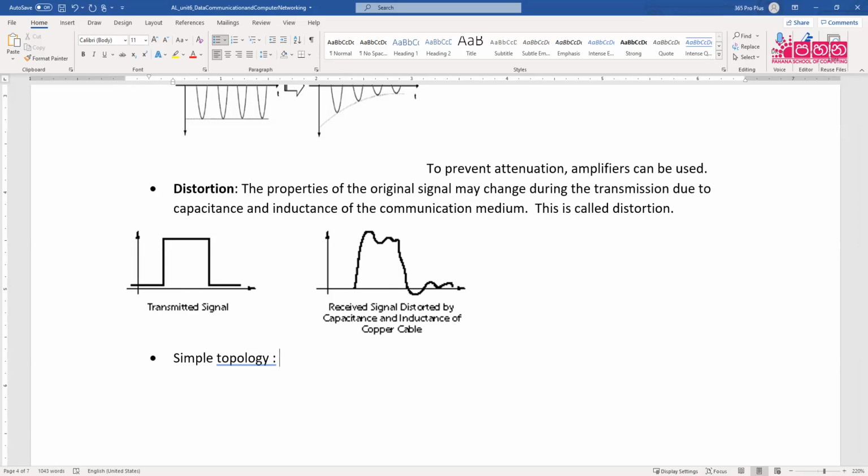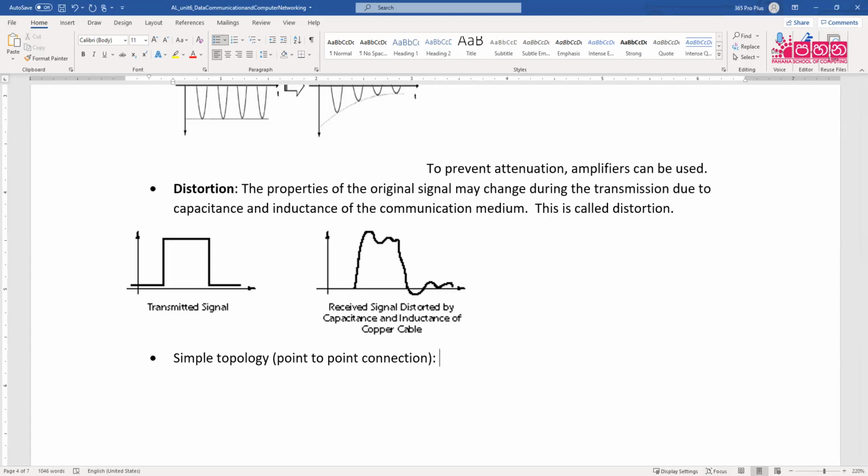And for that, we can use a single cable. So that also we write as simple topology. Or this is also called point-to-point connection.